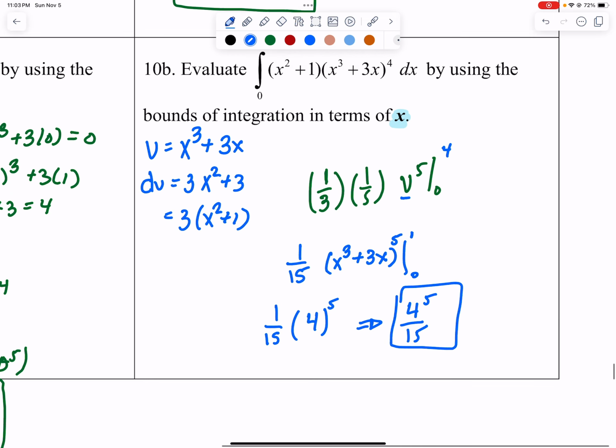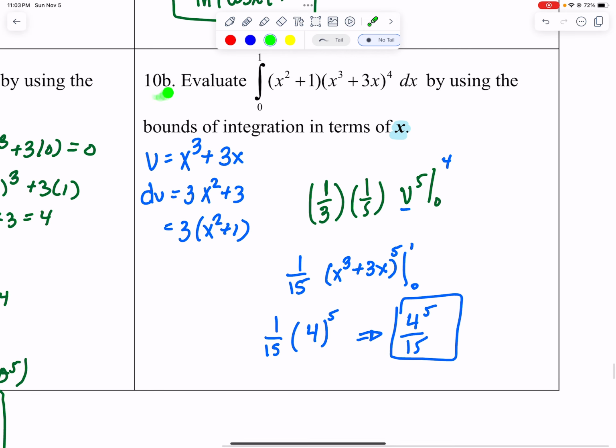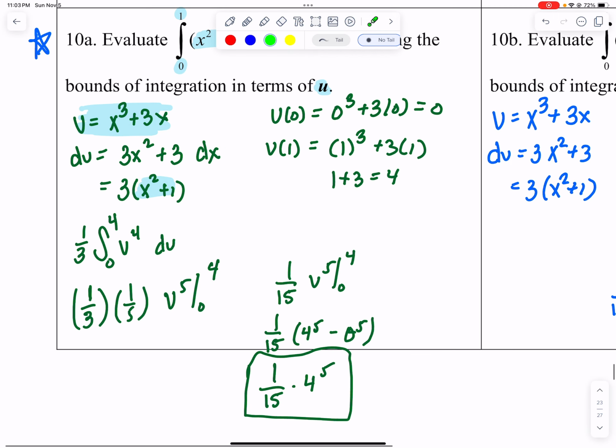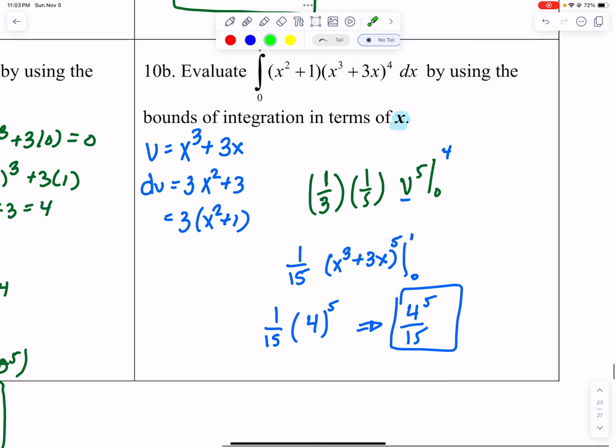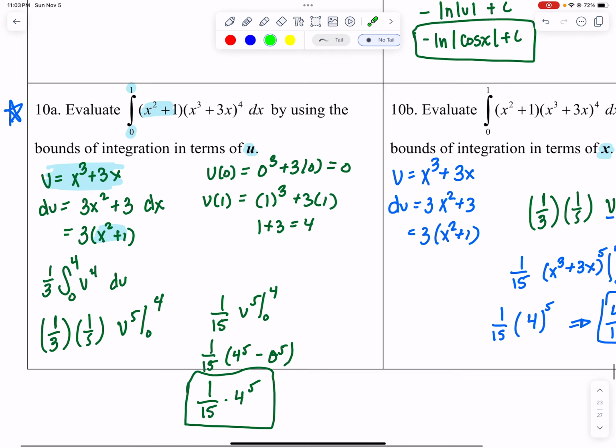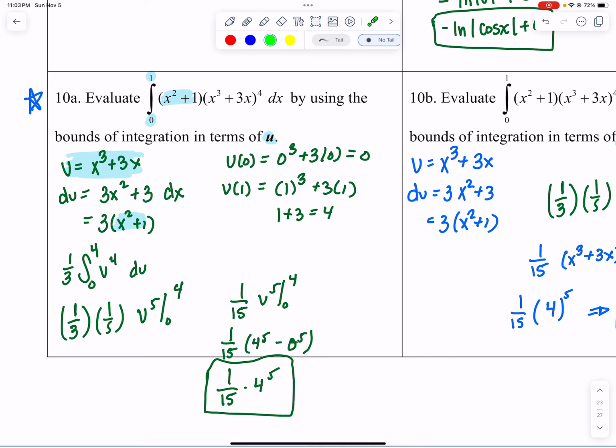I know that was messy, but essentially for 10b, you're going to do the same steps here, except instead of u, you're going to substitute it back in to get x cubed plus 3x here, and then change your bounds back to 0 and 1. Because this is an extra step, you should probably just do 10a and call it a day, where you just change the bounds in terms of u and then evaluate it there. Okay.